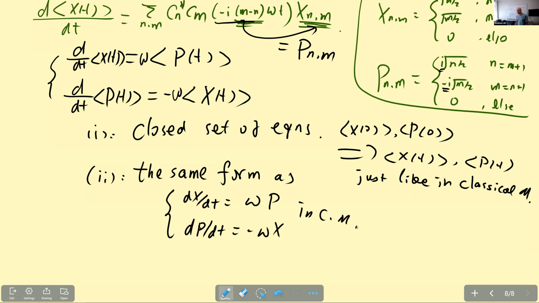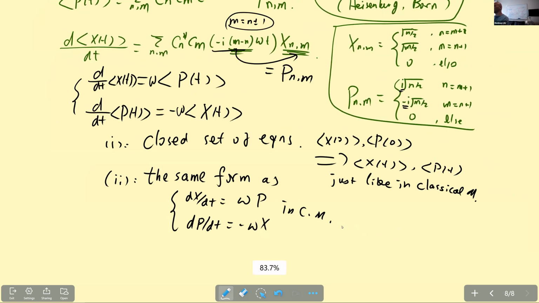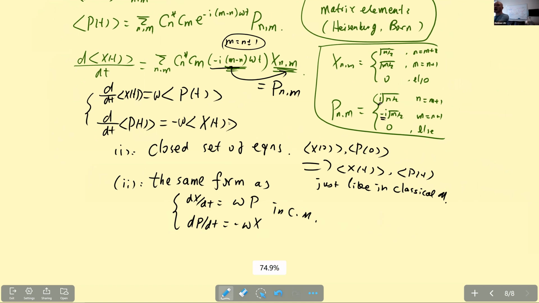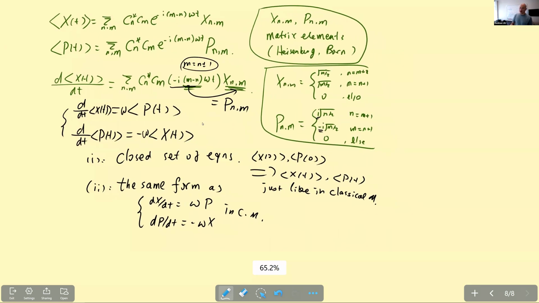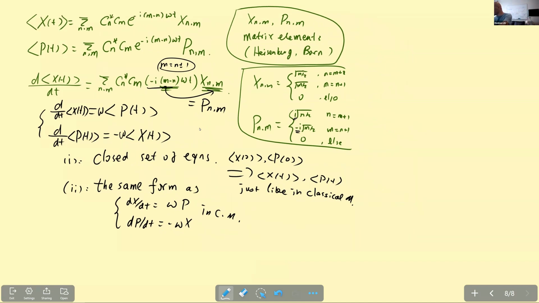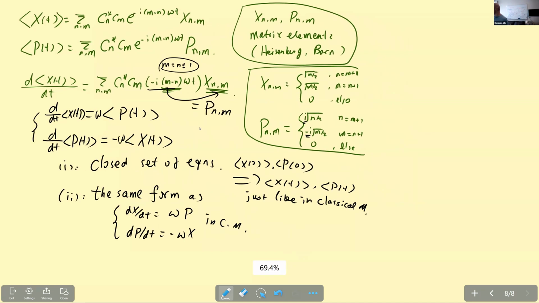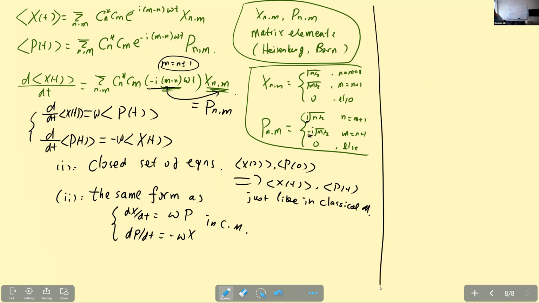So you can see that the harmonic oscillator is actually very close to a classical system. The motion is periodical, and these expectation values follow the same equations as the classical quantities in classical mechanics. So the harmonic oscillator is very classical.